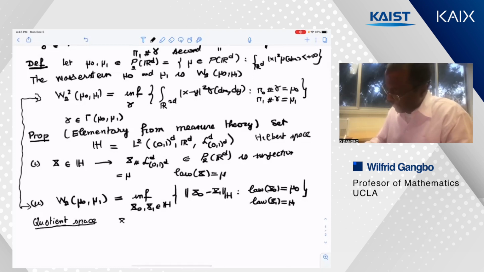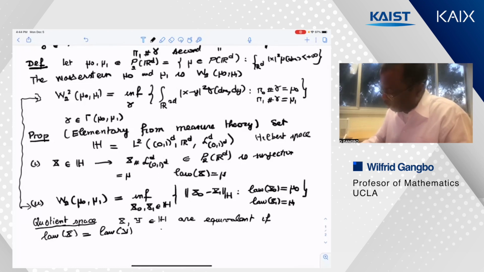I say that X and Y in H are equivalent if the law of X is equal to the law of Y. And I am going to write the class of equivalence of X this way.